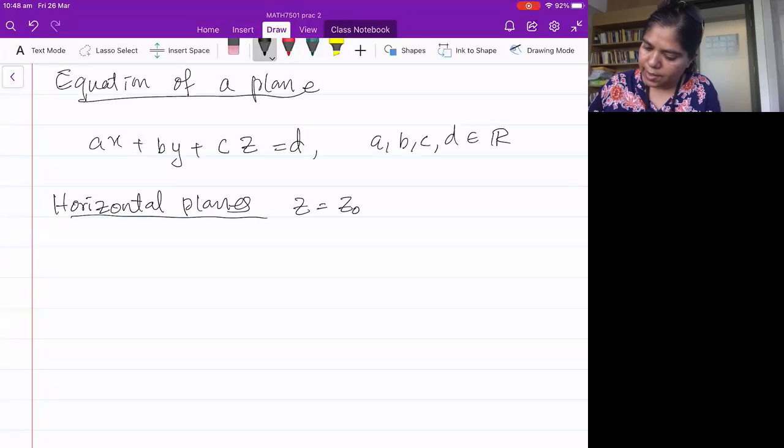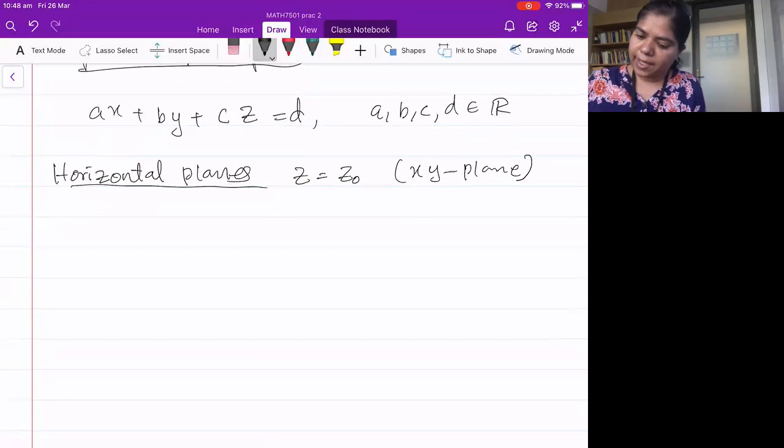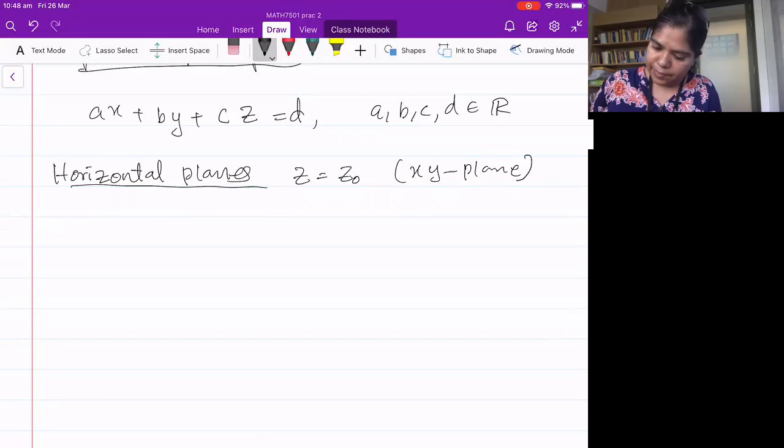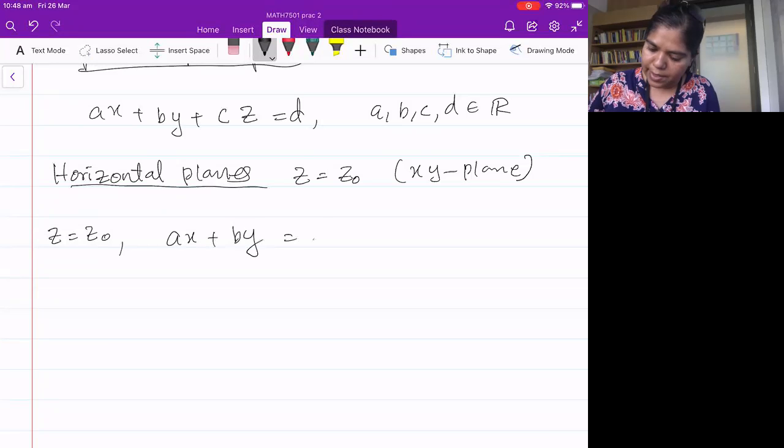So this is called the xy plane. If you have z equals some value z0, then this equation can be ax plus by equals d minus cz. So this is just a number, okay?